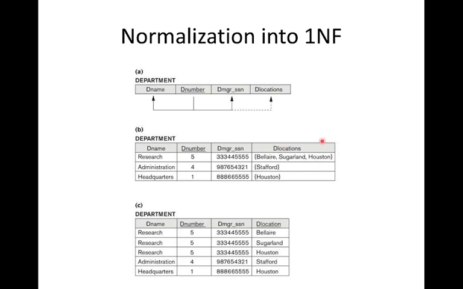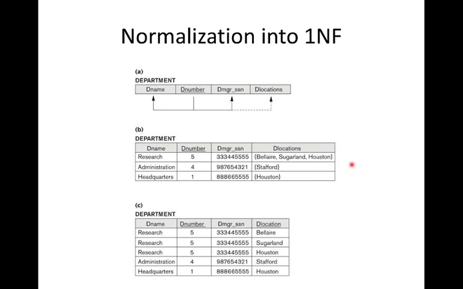So we can change this attribute to department location 1, department location 2, and so on, giving three different column names. In one it will be Bellaire, in another Sugarland, and in the other Houston. Like that we can enter. But the problem with that is there will be more null values, and we have learned in the informal guidelines that we should minimize null values.